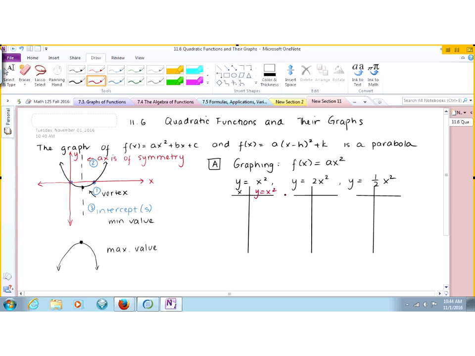What x should I choose? -2, -1, 0, 1, 2. So -2 squared is 4, -1 squared is 1, 0 squared is 0, 1, 4.